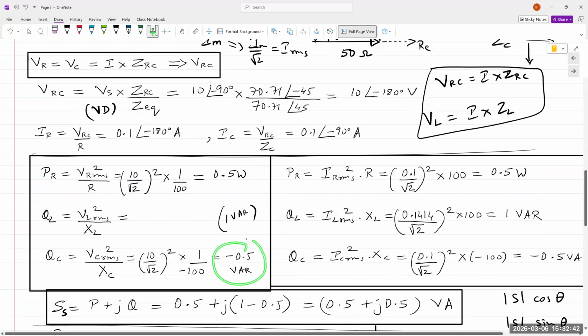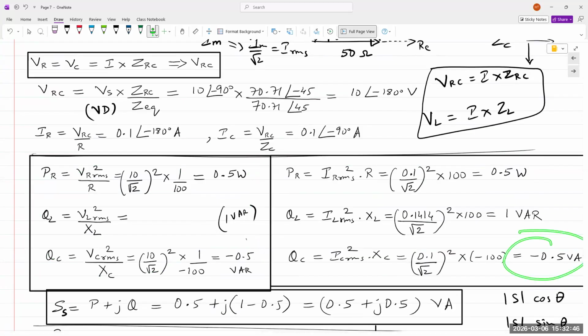V squared over R gives me minus 0.5 VAR for the capacitor. I squared times the reactance also gives me minus 0.5 VAR. Determine the voltage for the inductor and calculate QL. You should obtain 1 VAR. That'd be good practice. Okay.